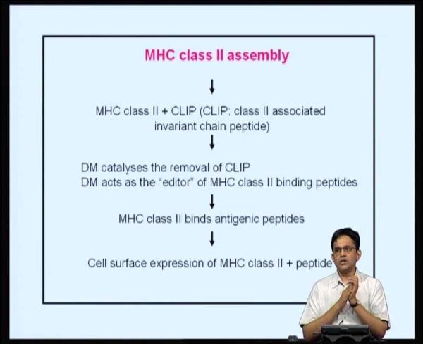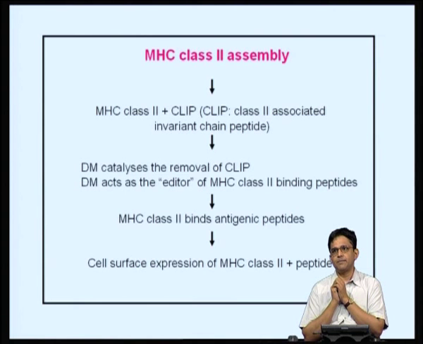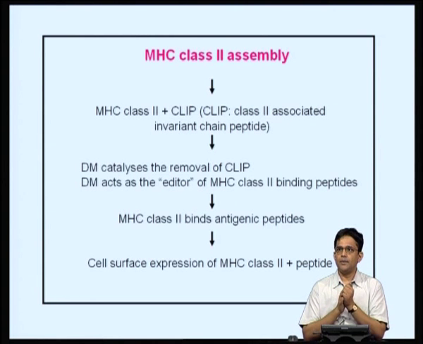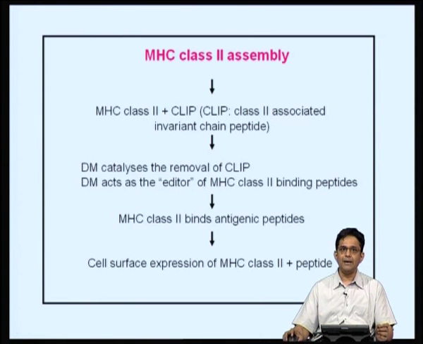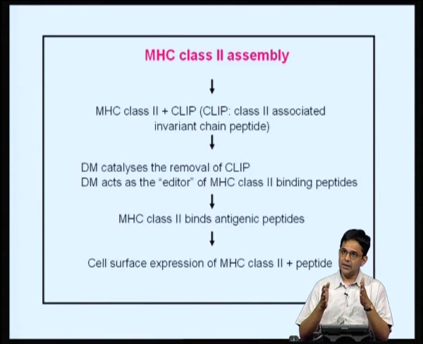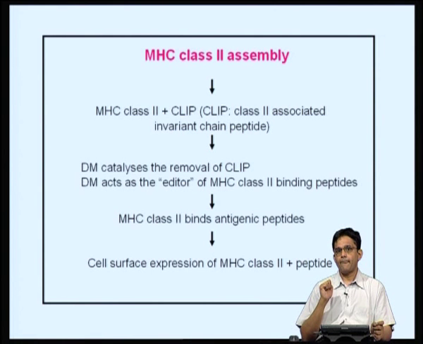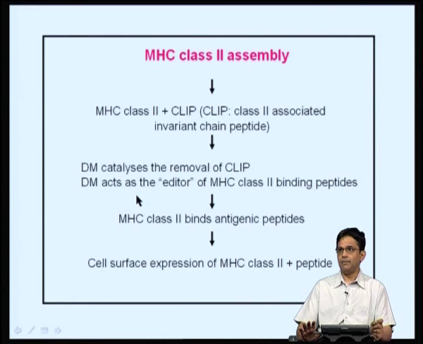Now, how does one get rid of this peptide that is associated with it? There is another molecule known as DM. We had come across DM before. DM is encoded in the MHC, and its genes are located in the place where the LMPs and the TAPs are also located. What DM does is catalyze the removal of clip, and in fact DM acts as an editor of MHC class 2 binding peptides.